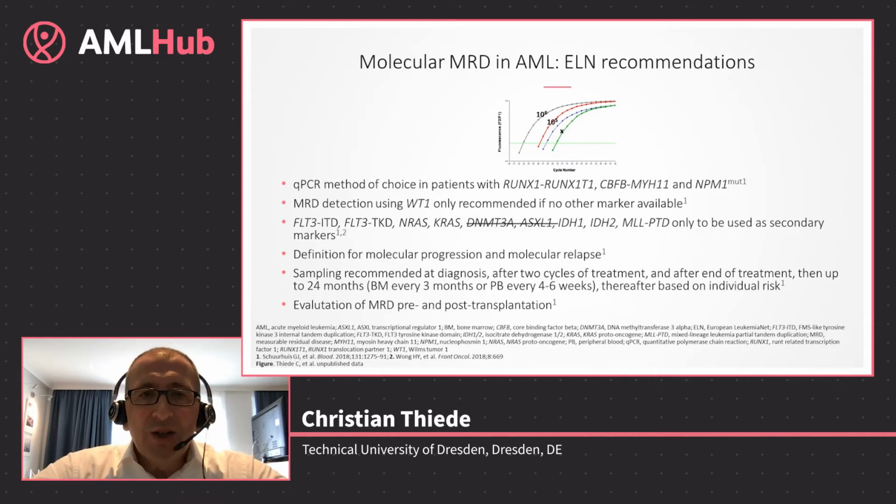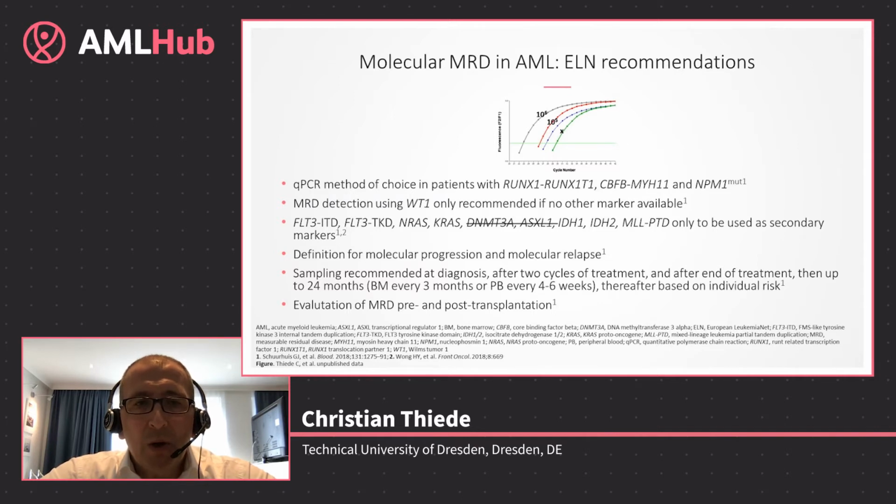Jacqueline already mentioned to you the activities of the MRD working party of the ELN, and we were successful in having a first round of recommendations published 2 years back, where we focused on the at that time available methods and things that could be recommended.